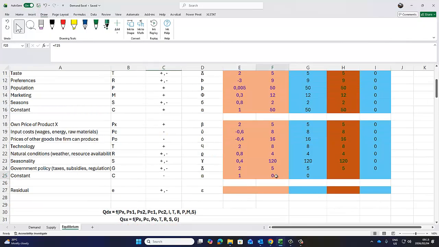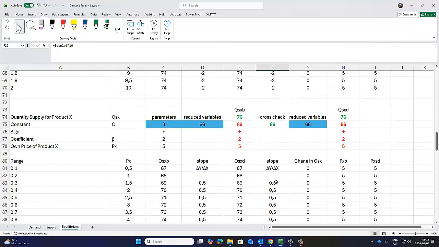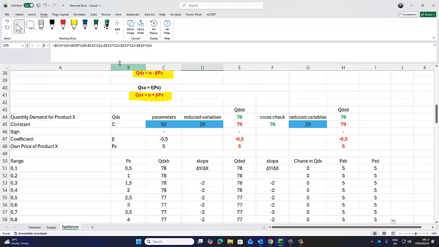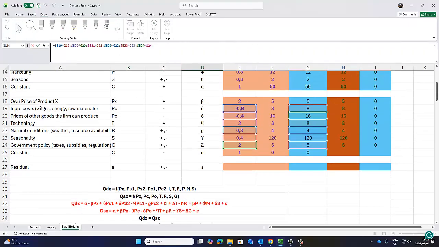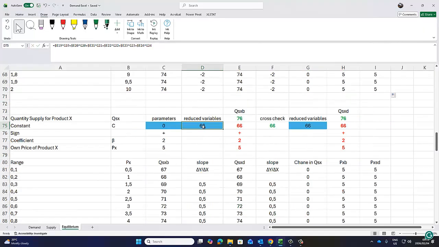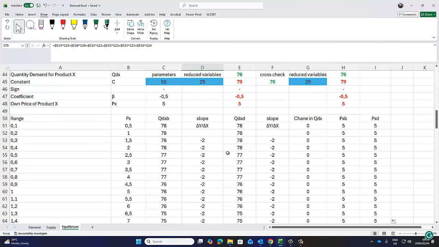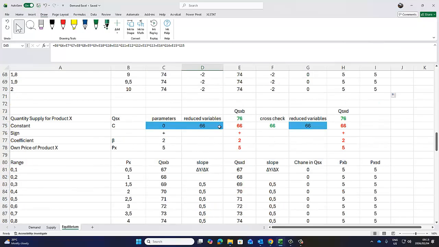My derived or reduced variables are all the other supply side variables except own price. You'll see there, it's input cost, price, technology, etc. I take the coefficient, multiply by the price, and I add them all up, and I get a value of 66. So the reduced variables on the demand side is 29. The reduced variables on the supply side is 66.